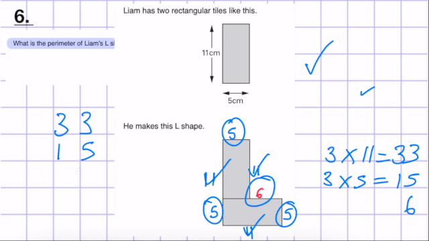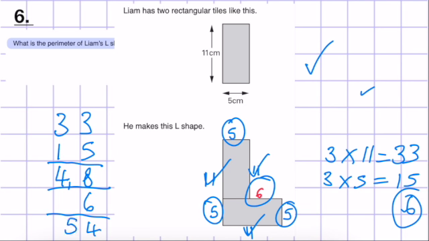I'm going to do 33 add 15 and then I'm going to add the 6. 5 add 3 is 8. 3 add 1 is 4. Now I need to add the 6 and I'm going to do that underneath. 8 add 6 is 14. So that's in total is 54 centimetres.